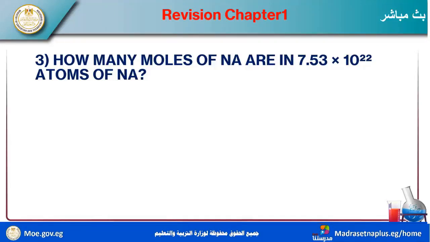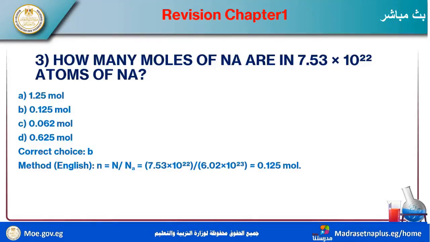Write this in your calculator: 7.53 times 10 power 22 over 6.02 times 10 power 23, so the answer equals 0.125 moles. So the true answer is B.